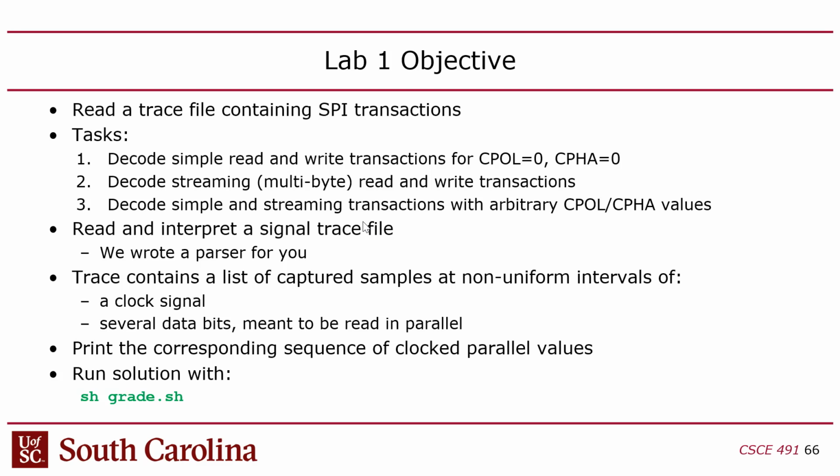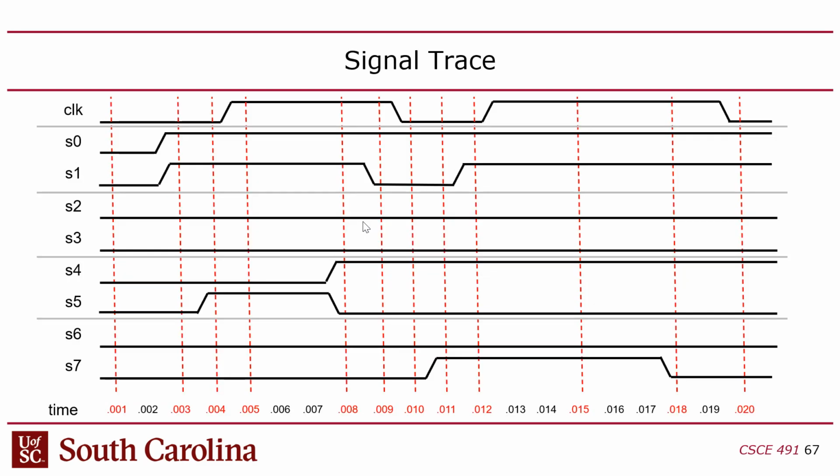The signal trace file is a little confusing at first. Basically, the trace lists the state of all the signals in tabular form, but it only prints a row.